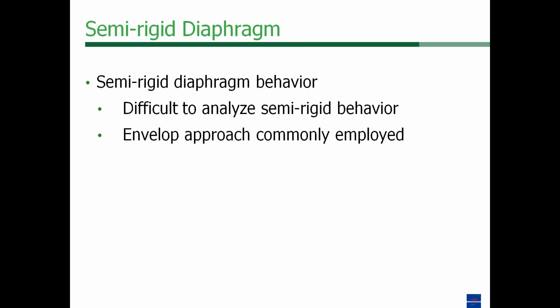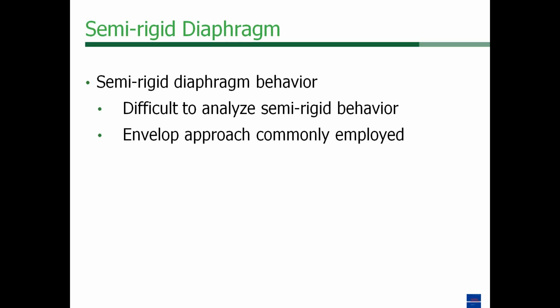Now for the semi-rigid diaphragm, first of all, we're not aware of folks doing a true semi-rigid diaphragm analysis for wood frame structures. However, in some cases, folks will use something referred to as the enveloped approach, where the distribution of forces is based on both a flexible and a rigid analysis.